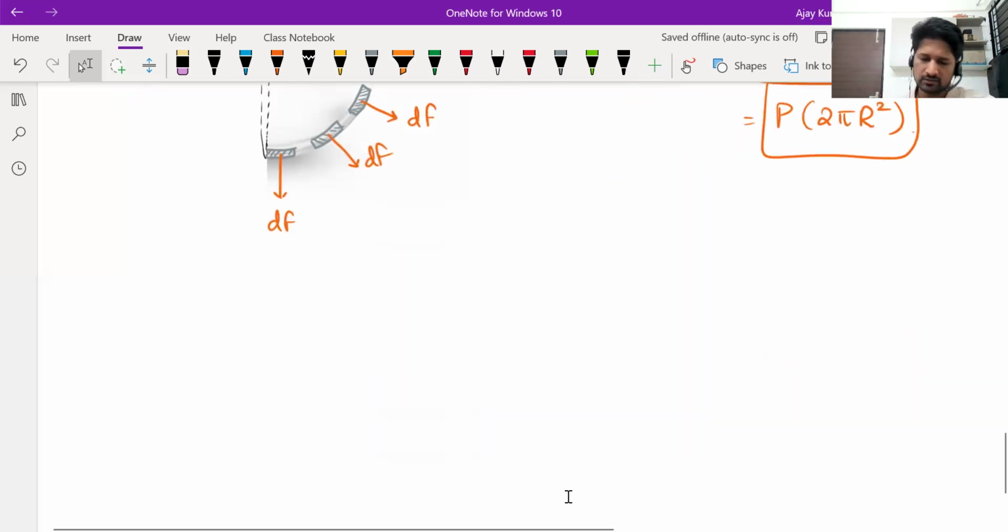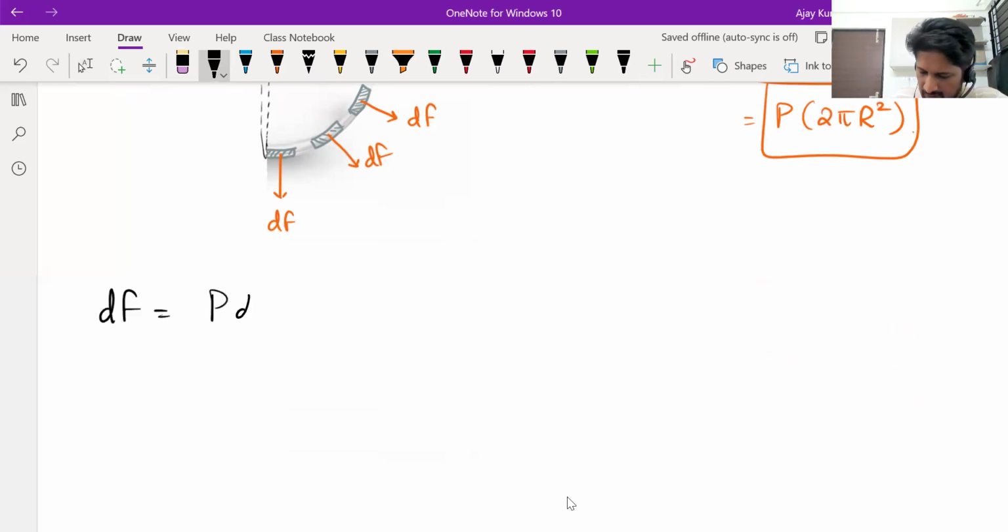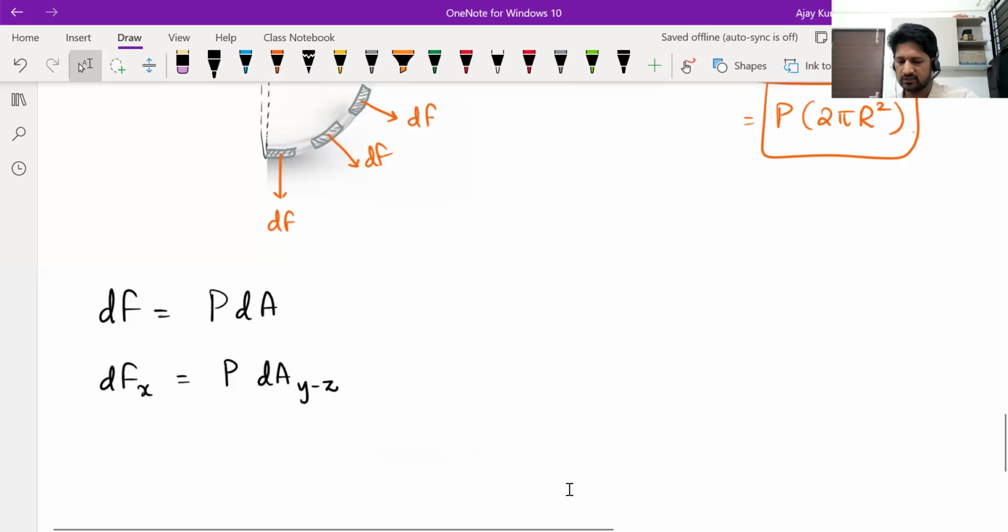Okay. So basically, dF was P multiplied with dA. You need dF's x component. If you need the force's x component, okay, x component is to the right now. You will need area component in the yz plane. Okay, let us spend some time on this.